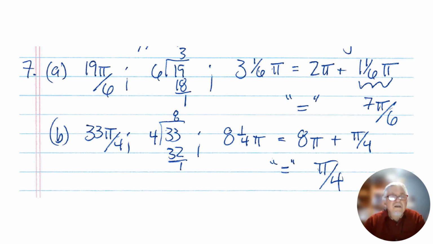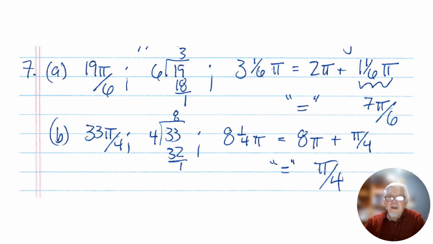For no good reason. But the point is this: you need to know what the integer part is and then what the fractional part is. So my calculator will do it. I'll just put 19 over 6 in and then press the button that converts it to a mixed number. And I get 3 1/6 pi. Now I'm pulling out, that's 3 pi's and 1/6 of a pi, right?